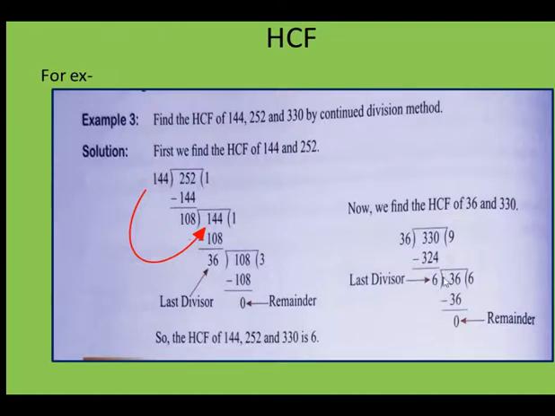Same procedure: 6 will be the divisor and 36 the dividend. Divide 36 by 6: 6 sixes are 36, remainder 0. So the last divisor we have is 6. So 6 will be our HCF for these three numbers. The HCF of 144, 252 and 330 is 6. Clear? This is the long division method.